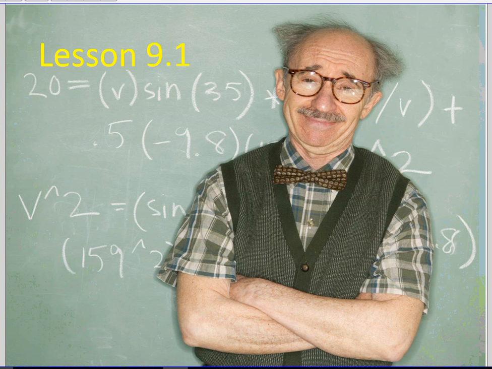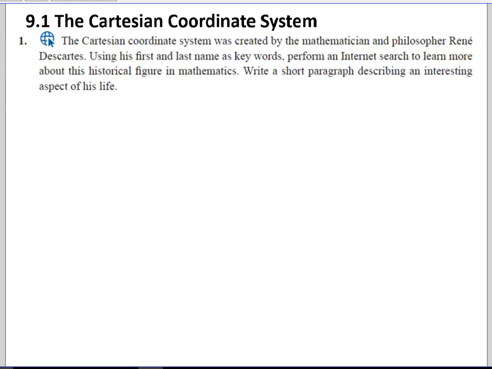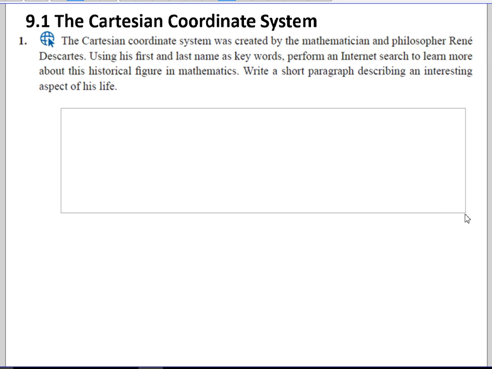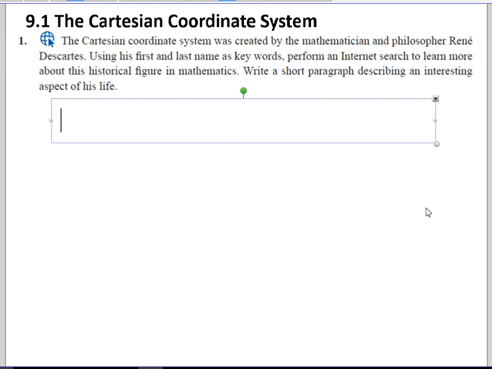In this lesson, we're going to look at the Cartesian coordinate system. The Cartesian coordinate system was created by a philosopher and mathematician, René Descartes. If you do some internet research on him, you'll find some interesting things.